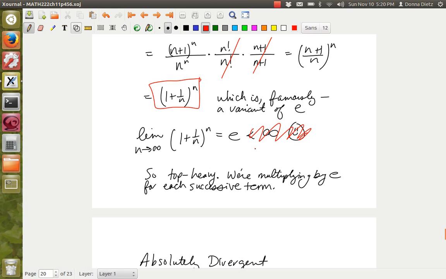What I meant to say is it's greater than 1, so we're unhappy. I was so excited to see e that in my notes I put a happy face, but we're actually unhappy to see e because that means we're greater than 1 and we're top heavy, multiplying by e in each successive term. So we're just divergent.